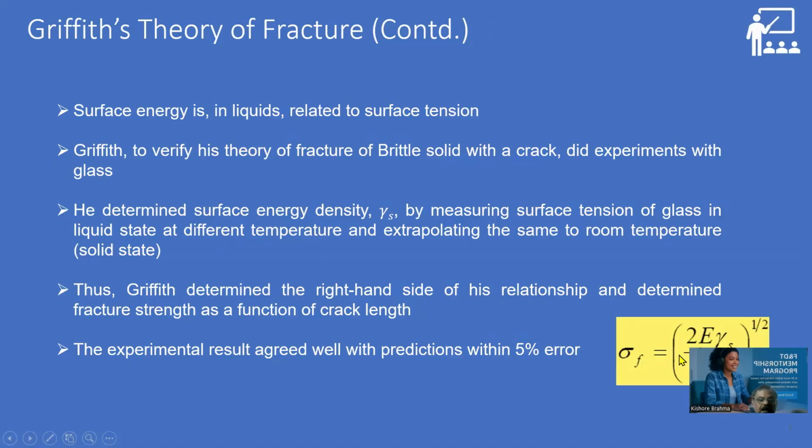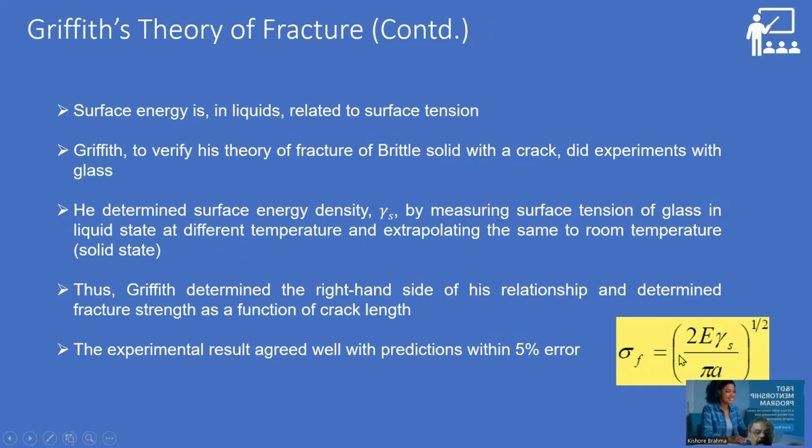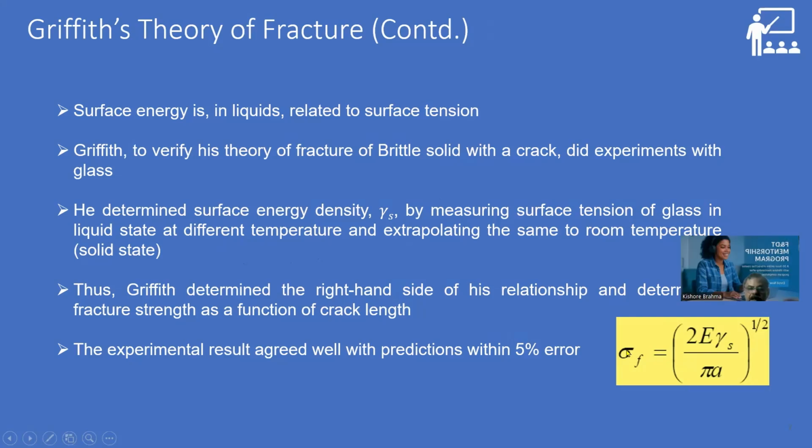Thus Griffith determined the right-hand side of this relationship and determined fracture strength as a function of crack length. The experimental results agreed well with the prediction, within 5%. The relation says that as the crack length increases, you need a lesser stress to fail, and if the crack length is small, you need a large stress to fail. Obviously, the numerator values are all constant.